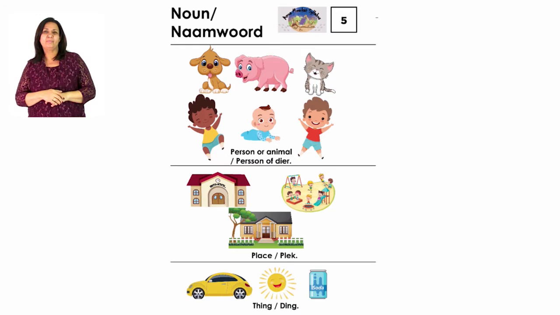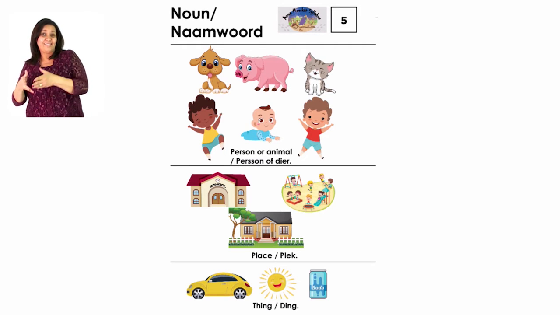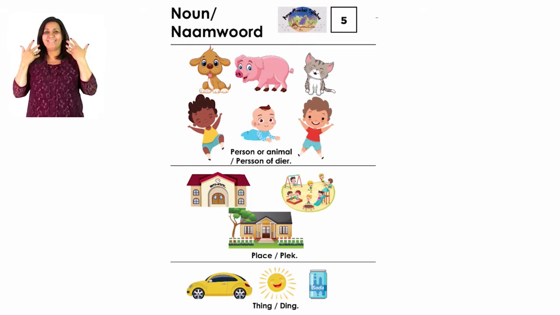And what is standing next to the puppy? It is a pig. And after the pig, in the same row, there is a kitten or a baby cat. So cat or kitten is a noun.